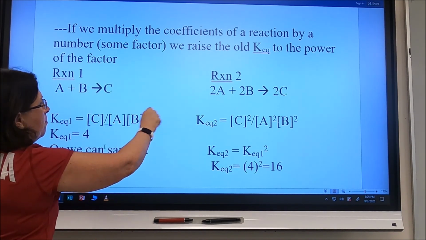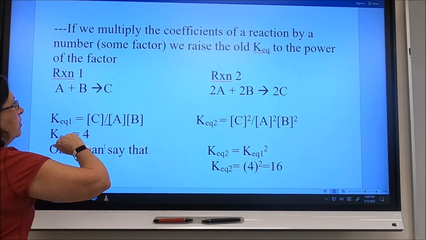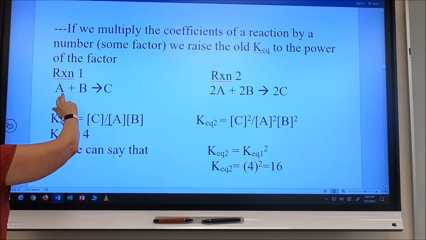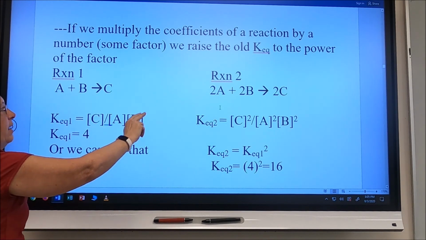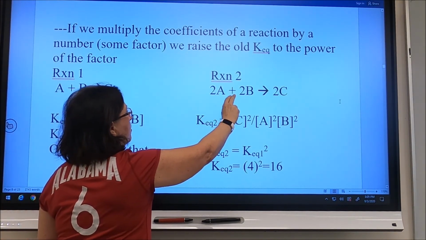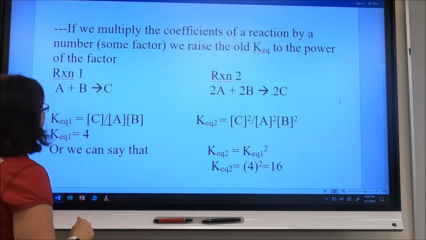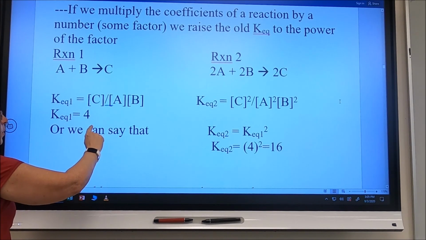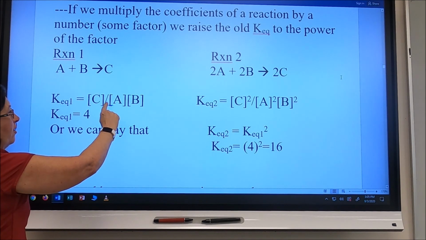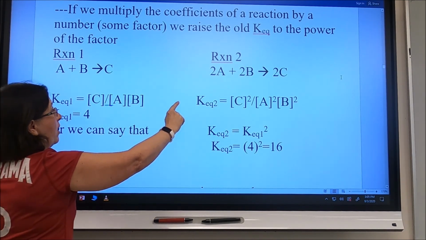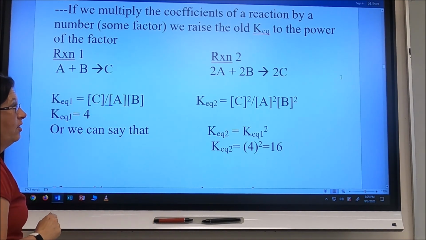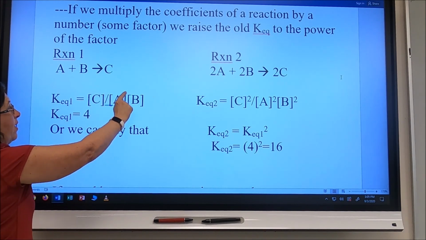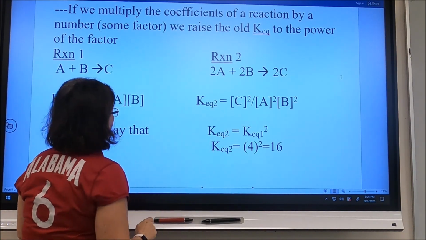Now, let's look at multiplying by a coefficient. So if I have A plus B going to C, and my reaction 2 is 2A plus 2B going to 2C, if I compare their equilibrium constants, what I hope you see is that equilibrium constant 1 squared gives me equilibrium constant 2, because C is squared, A is squared, B is squared over here.